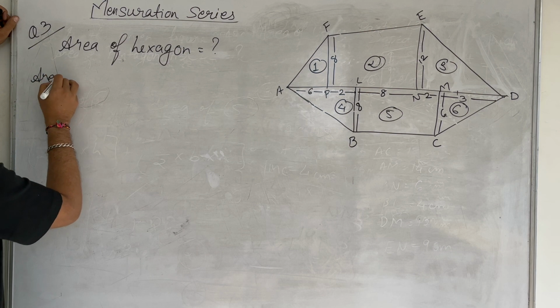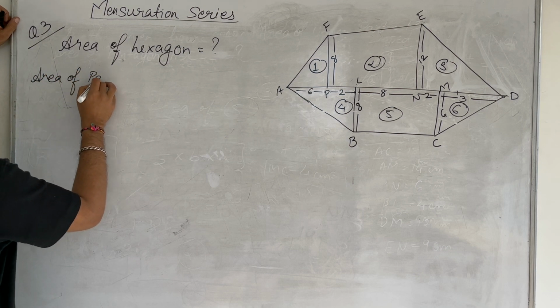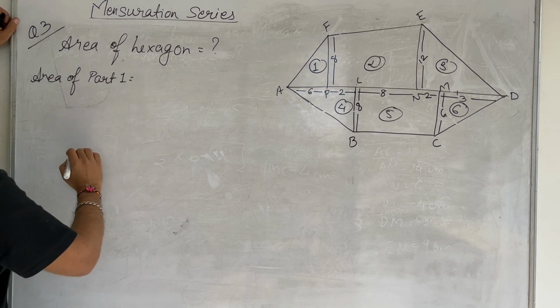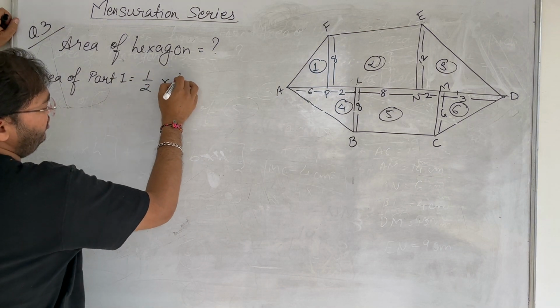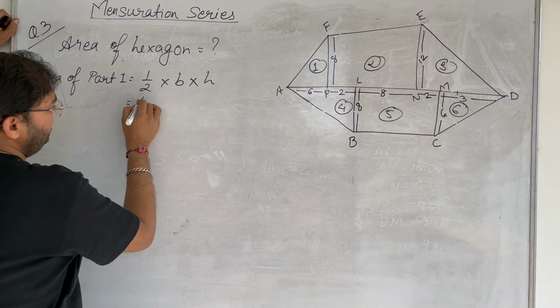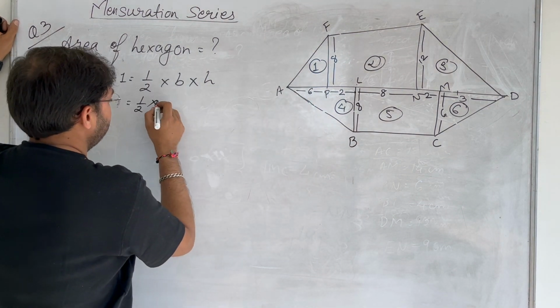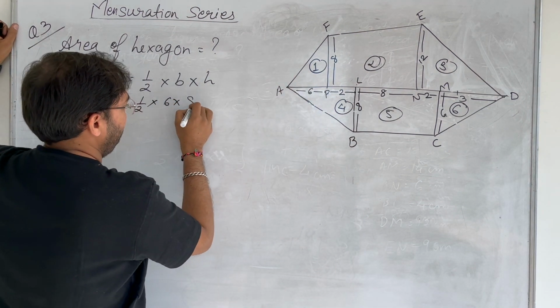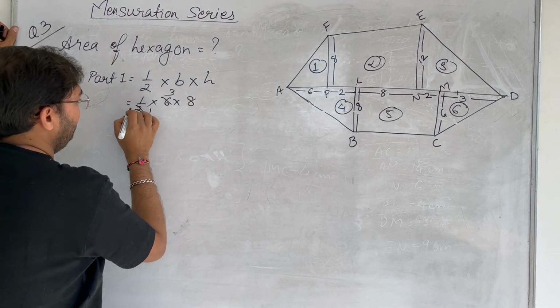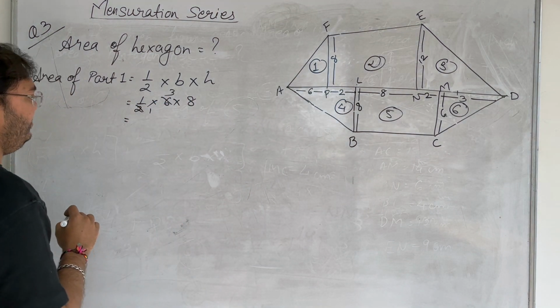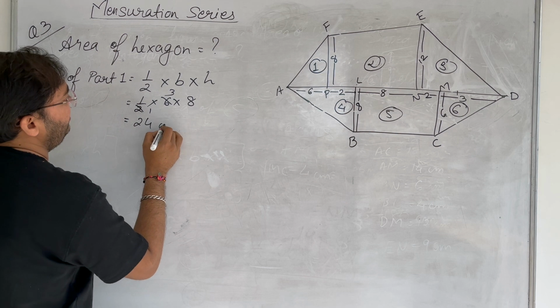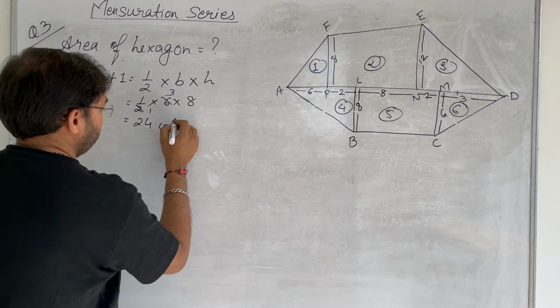First, area of part 1, which is in the shape of a triangle, so the formula is half into base into height. What's my half? And base is 6. What's my height? That is 8. 1s are 3s are. So 8 3s are 24 centimeter square.